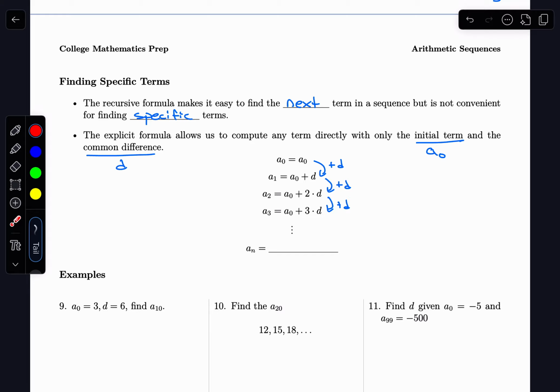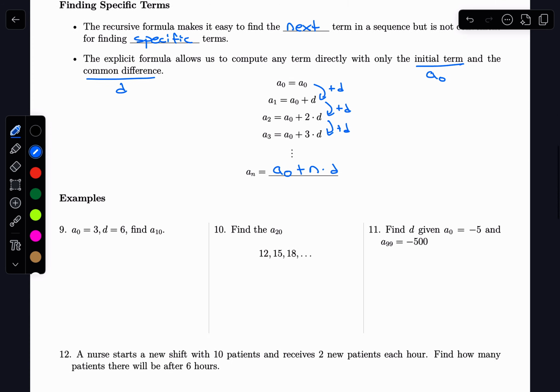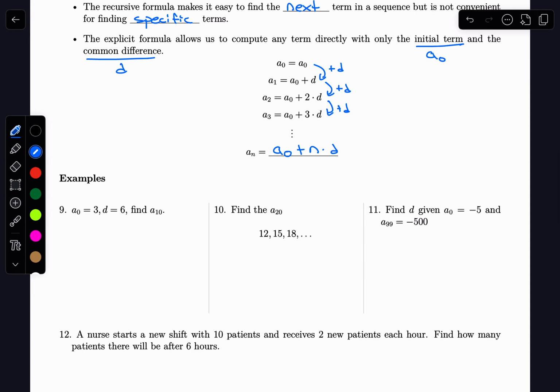If I want to get to a sub n, all I have to do is take a naught and add d n times. So a sub n is equal to a naught plus nd, where we multiply d times n. All right, and we are going to be able to use this formula to find any term we want. So check this out for number 9. Number 9 says a naught is 3, d is 6, and we want to find a sub 10.